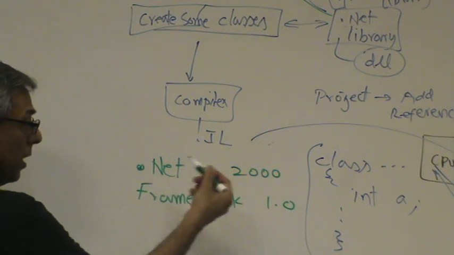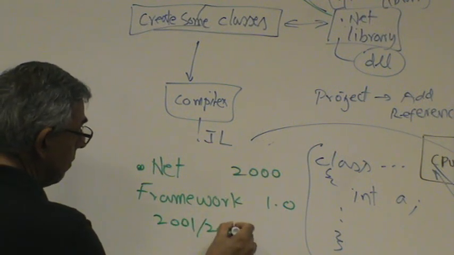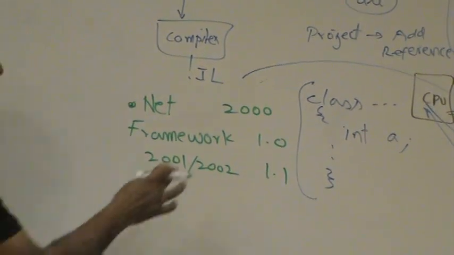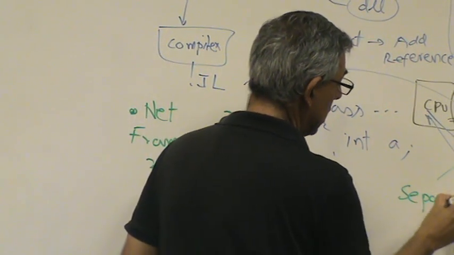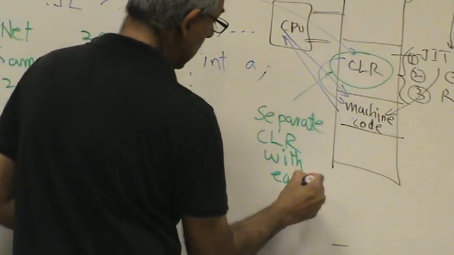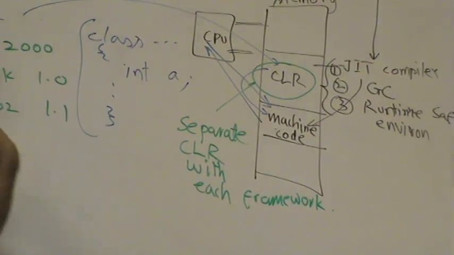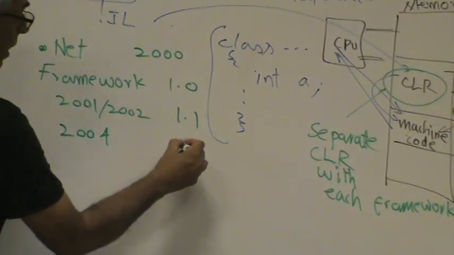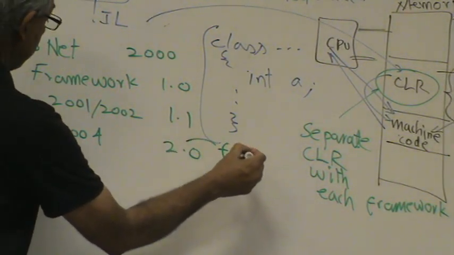Then a couple of years later, around the 2001, 2002 time frame, they improved the framework. They called it Framework 1.1. With every framework, there's a separate CLR. And every couple of years, they keep improving it, keep introducing new frameworks. So for example, around the 2004 time frame, it was framework version 2.0.